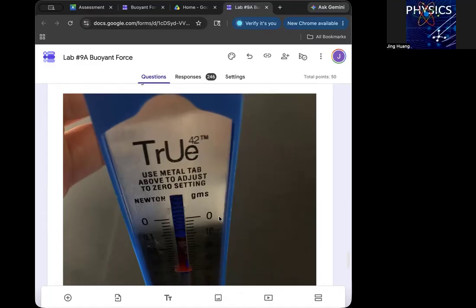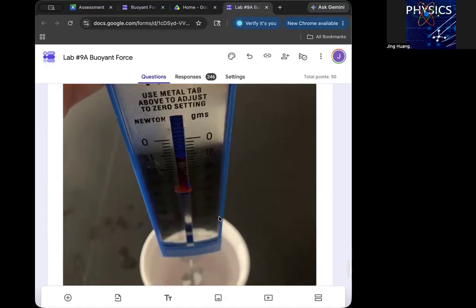So this is the experiment setup. What's important is when it's submerged, it needs to be completely submerged. The object needs to be completely under the water surface. In order to get a meaningful result from this experiment, we need to lower the object into water slowly and gently, and also bring it out slowly and gently to protect the integrity of the very delicate and sensitive spring inside our spring scale.